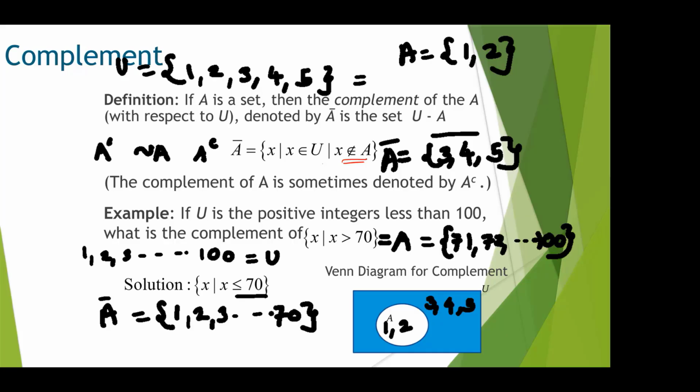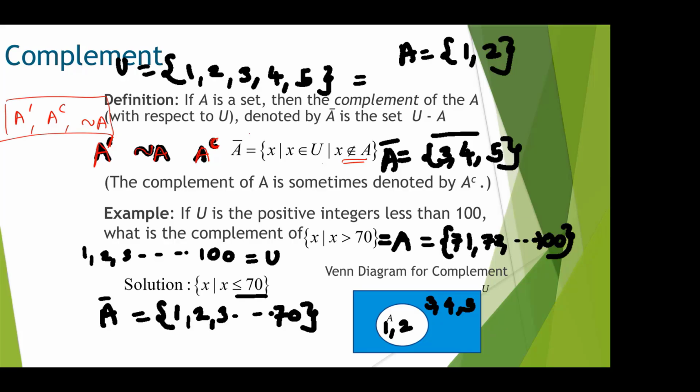Now in different books, the complement is shown differently. In some books, it is shown as A dash. In some books, it is shown as negation of A. In some books, it is shown as A raised to C, small c, which is also complement. A dash, A^c, or A with a bar on top are all used to show a complement.